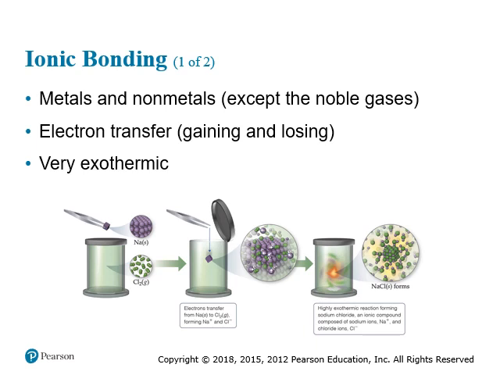Nonmetals tend to gain electrons in order to look like the following noble gas. In doing so, metals form cations, nonmetals form anions. And the process tends to be fairly exothermic. In other words, we typically see the release of energy as the result of ionic bonding.